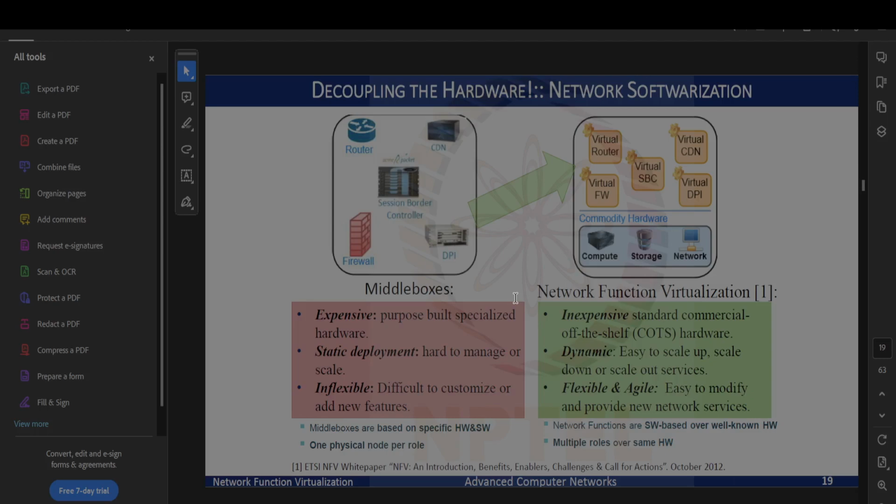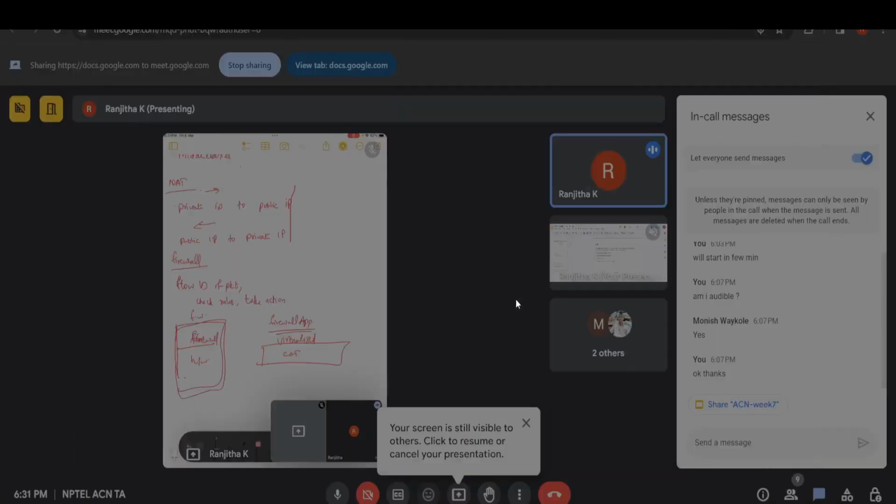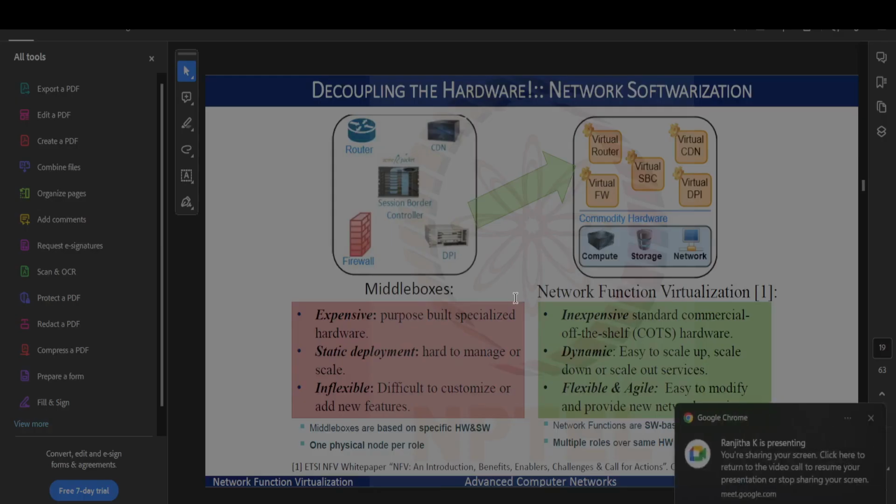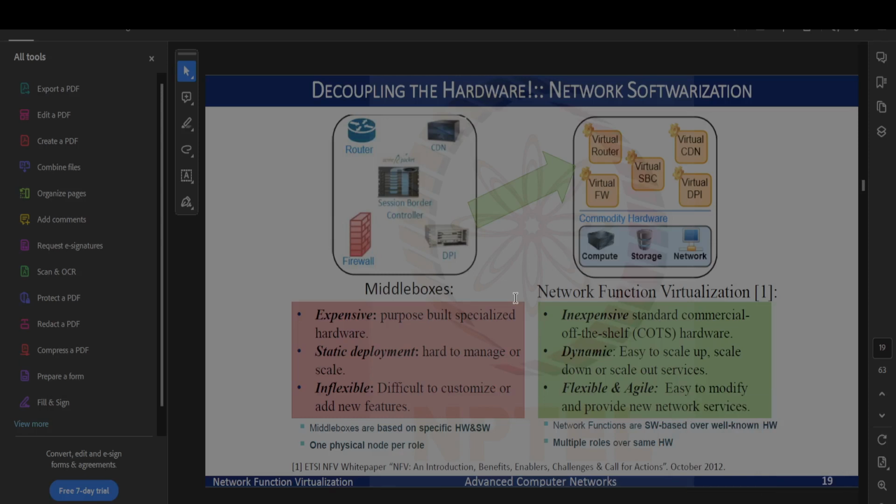Okay, so hope you are able to understand the difference between a box and the virtualized, when we do it in a virtualized manner. Any queries?